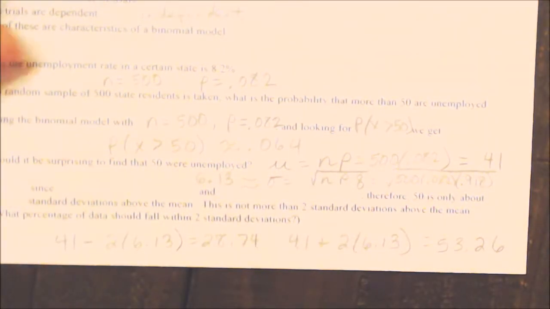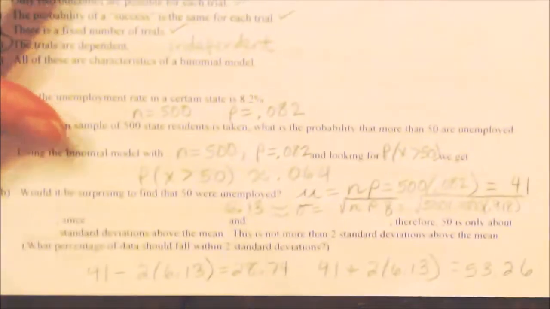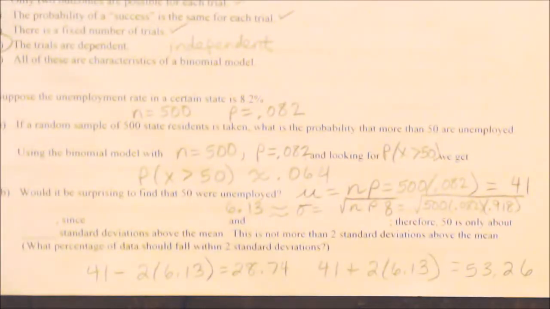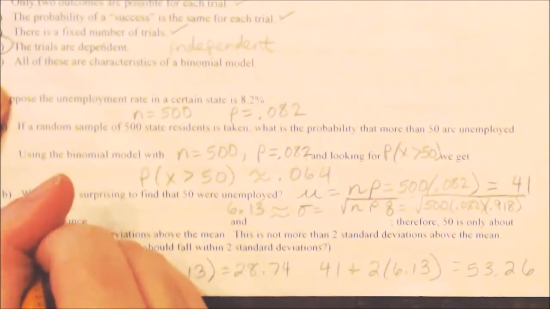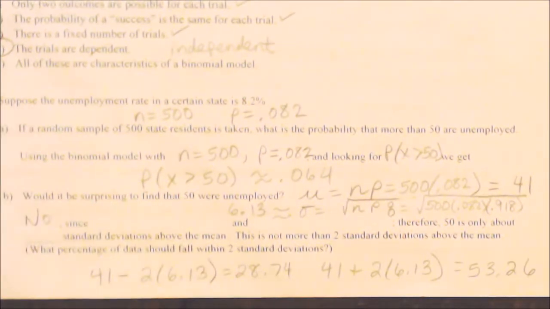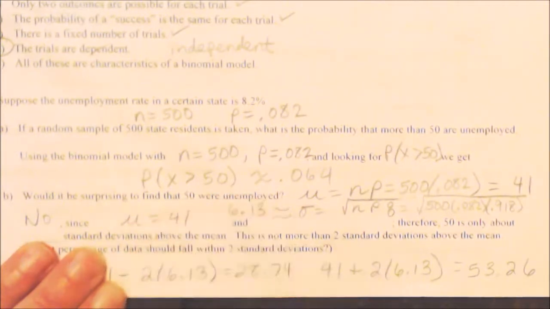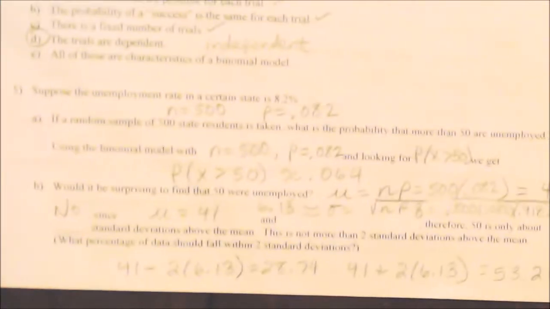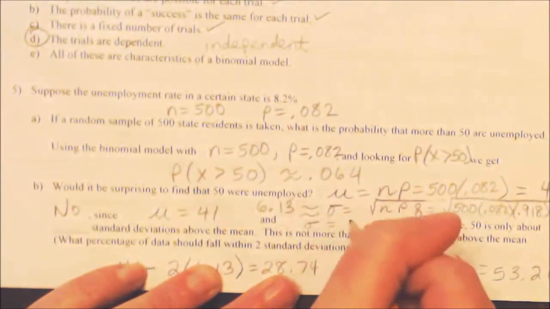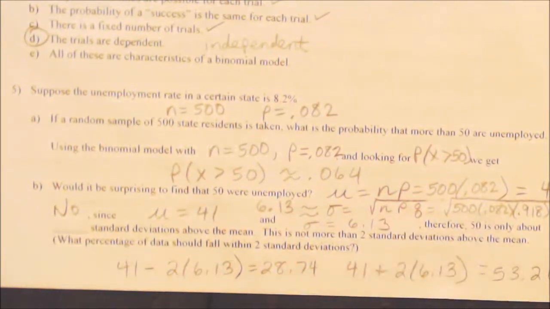So take a minute, think about that. Would 50 then be considered unusual? And the answer is no, right? Because 50 is within 2 standard deviations. So no, this would not be considered unusual since the mean is 41 and the standard deviation was 6.13.